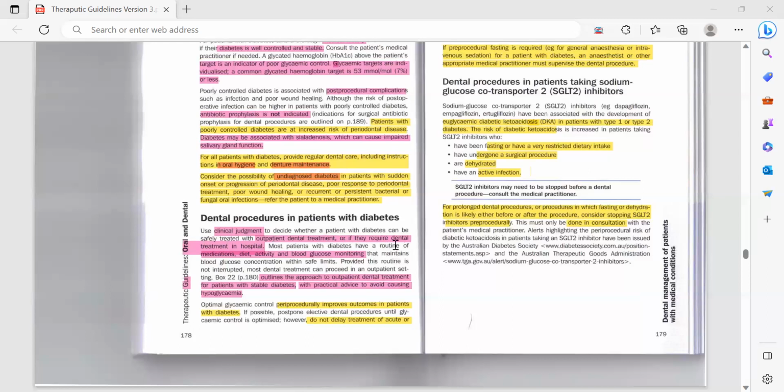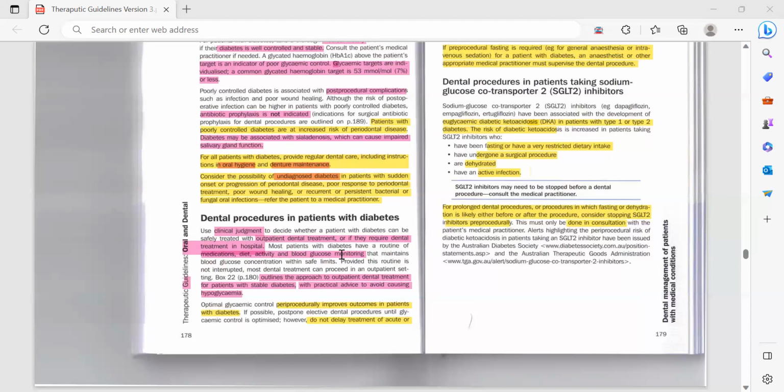Most patients with diabetes have a routine of medication, diet, activities, and blood glucose monitoring that maintains blood glucose concentration within the safe limit. So it means you need to ask your patient about their meals, their medication, and how they are managing it.